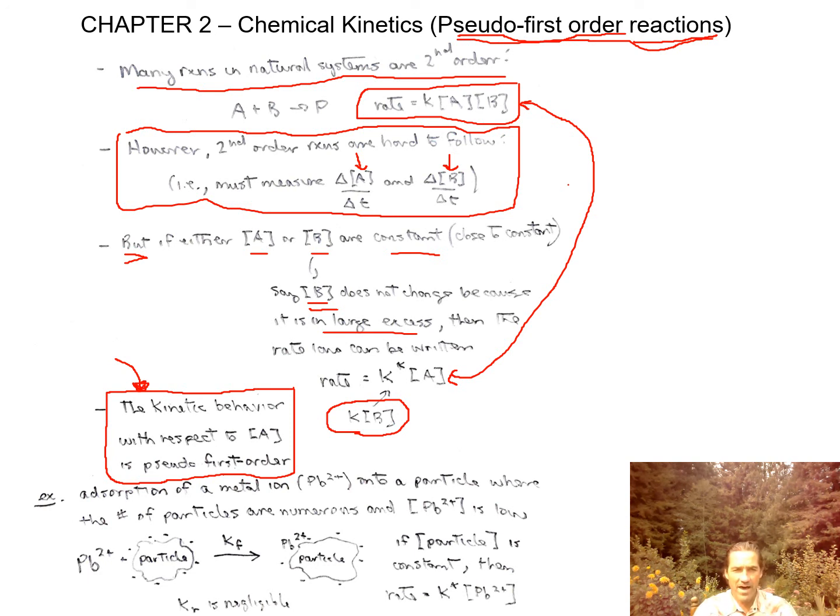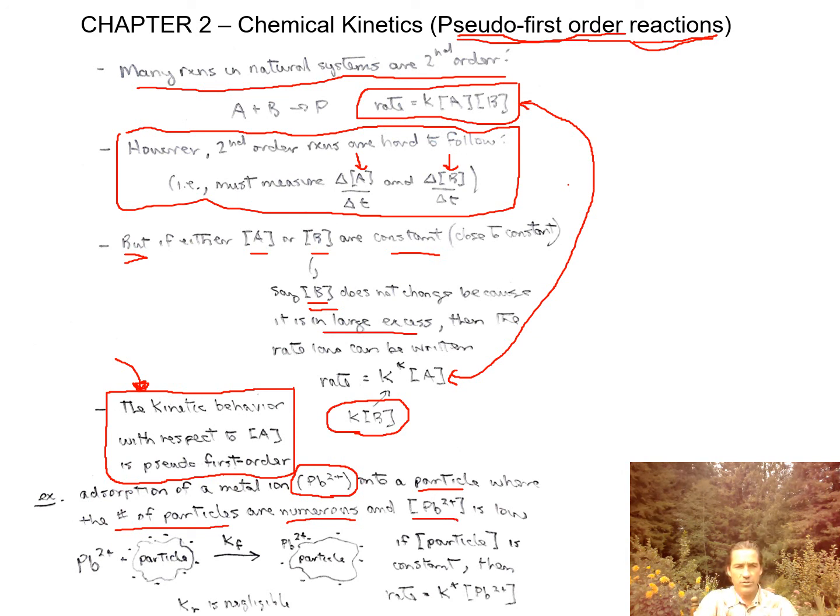So an example of that, again, let's deal with our particles, and this is an adsorption-desorption reaction where, say, again, in the marsh, you have lead coming in from the influent, coming into the plant, and it's reacting with the many particles, and there's lots of particles. They're numerous in the marsh, but lead is only in trace amounts, very, very small amounts.